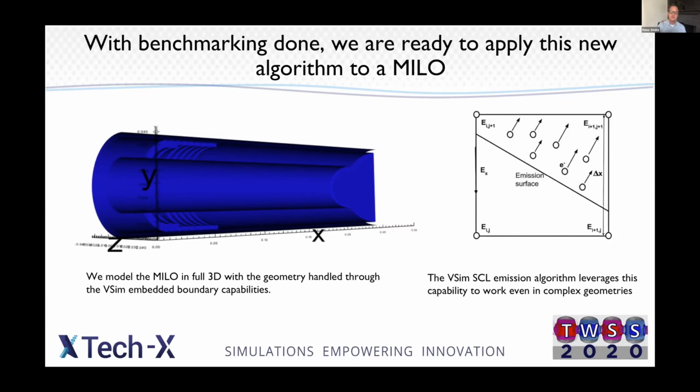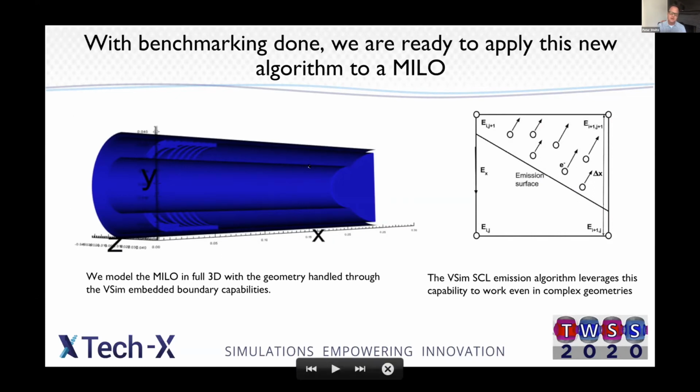I show a picture of it here in VSim. If you remember back on the very first slide, I showed that MILO was just a little hunk of metal, about 10, 20, 30 centimeters long, maybe 10 centimeters in diameter. And so this is a picture of it in VSim.